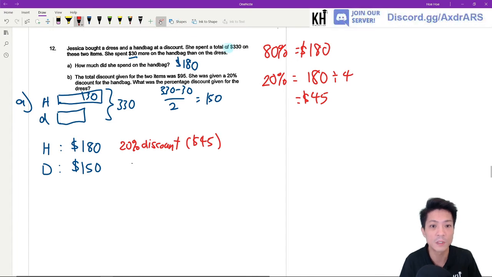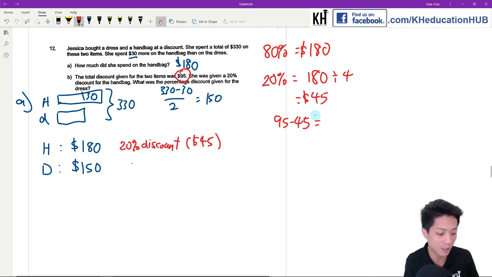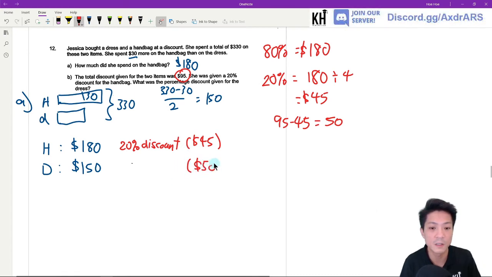Okay, and if you remember, the question said that total discount for the two items was $95, right? So if I were to use 95 minus 45, it's gonna give me $50, which means that for the dress, there was a $50 discount.